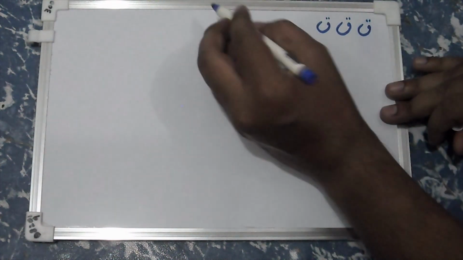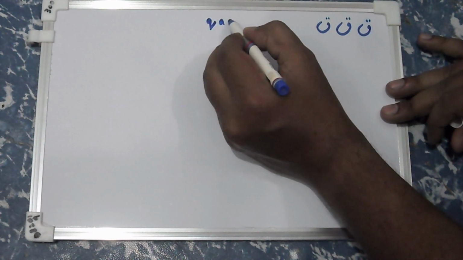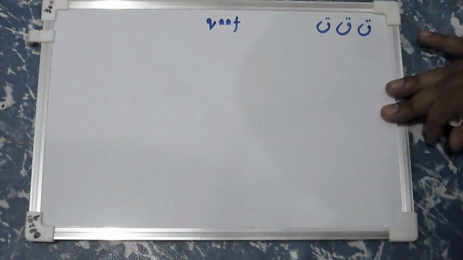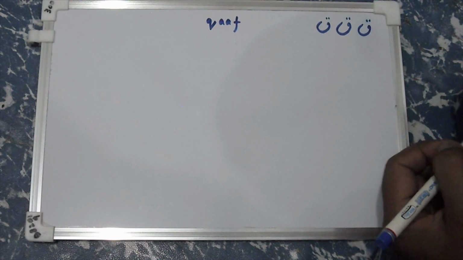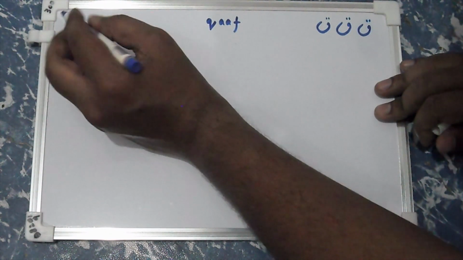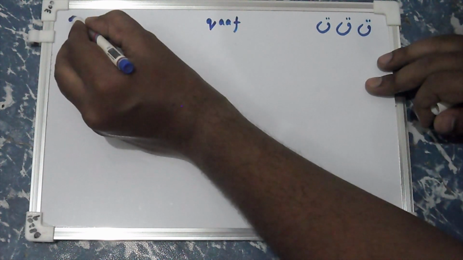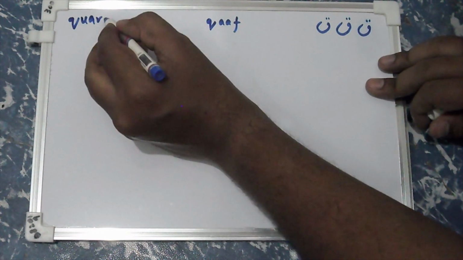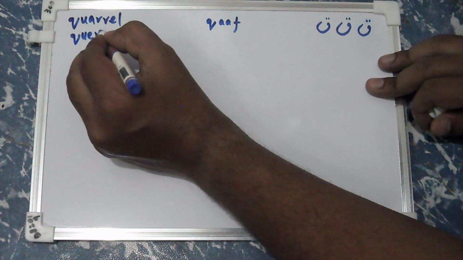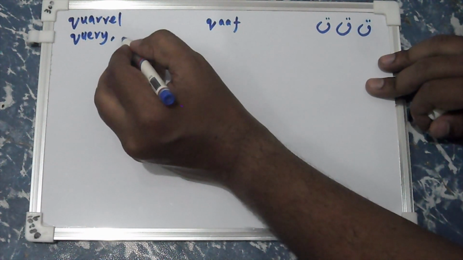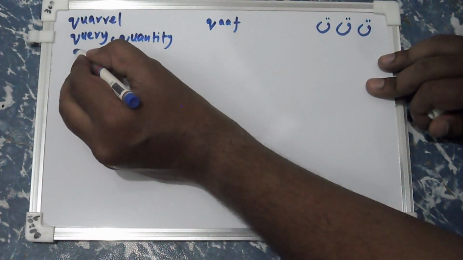You can see Kaf. In the English language it would sound like Kaf, Kaf. And a few words in English which contain the sound of Kaf are quarrel, query, quantity, quality.